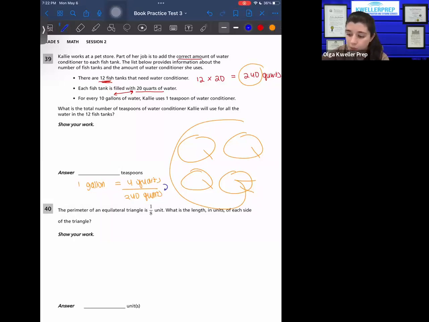I have to multiply by 60. So I'm going to do the same thing on the other side, right? And that means that 240 quarts are 60 gallons. So now the last step of this is for 10 gallons, that's 1 teaspoon. So I need 60 gallons. And that's going to be how many teaspoons?